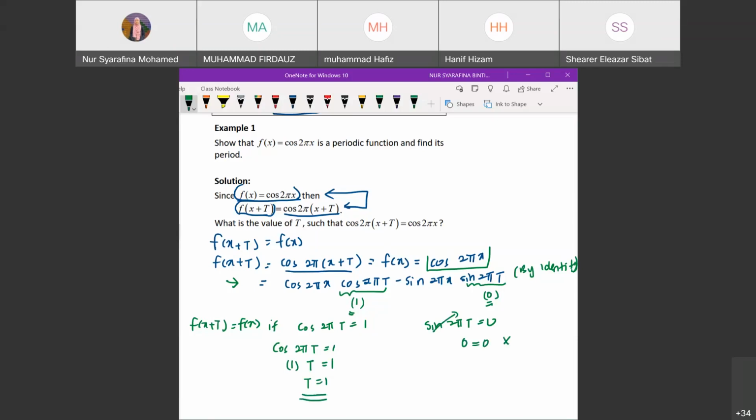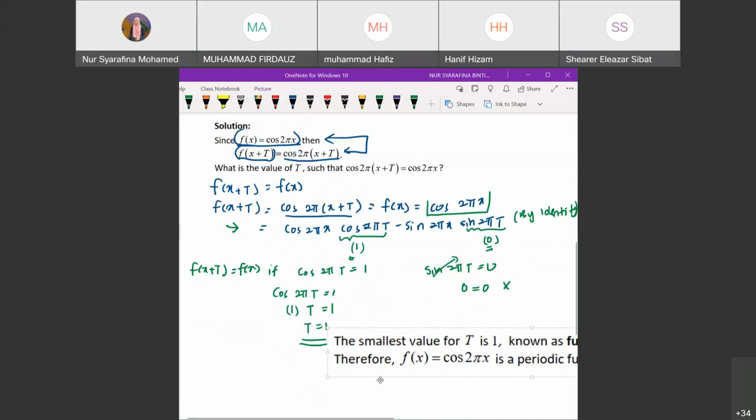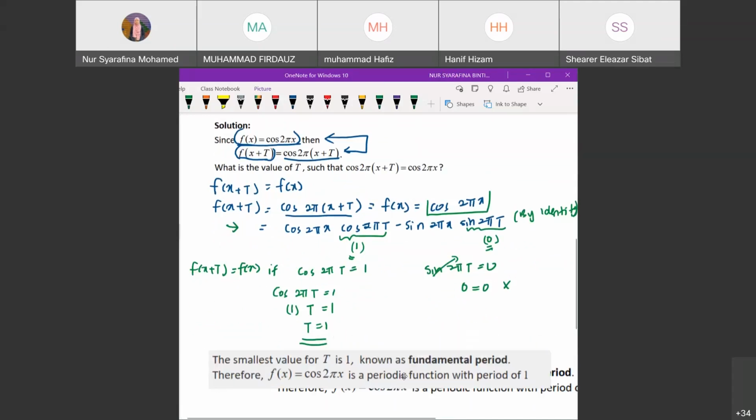So what can we conclude here, by looking at your notes, is that if you have various values of T, then you can choose the smallest value of T as your fundamental period.